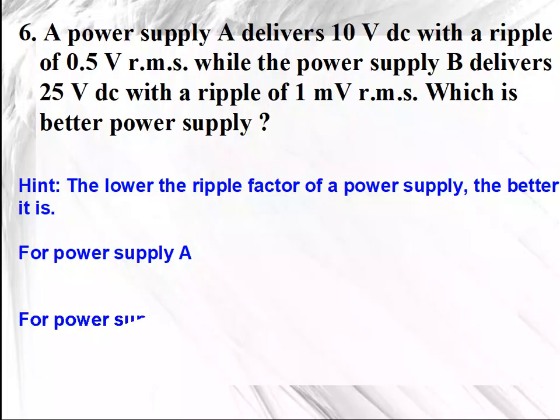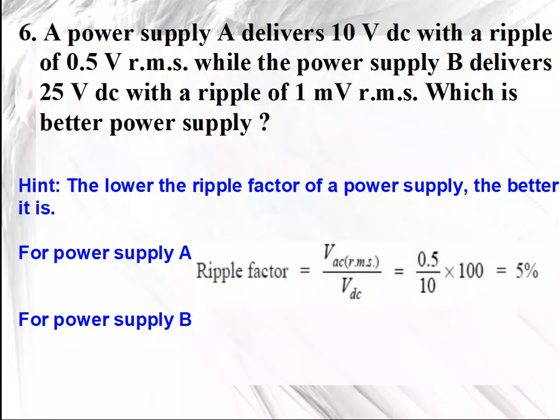So for power supply A, we can find out the ripple factor. So the ripple factor, how we can do these things? VRMS. So the VRMS is equal to 0.5 volt, it is already given, and delivers 10 volt DC. So 0.5 divided by 10, then we can get the ripple factor 5%.